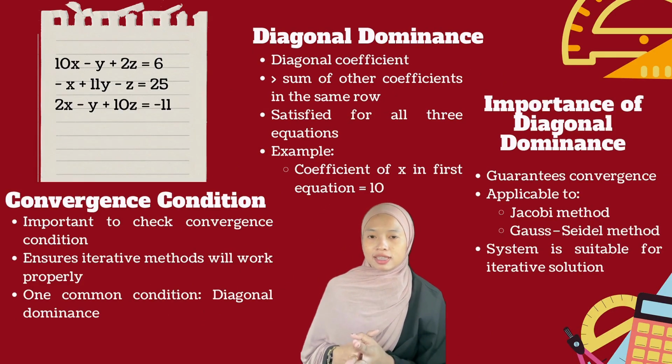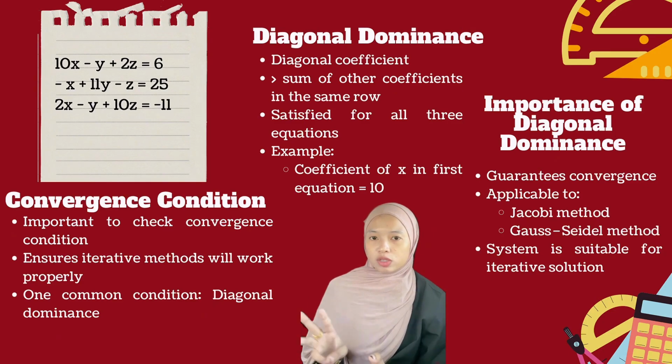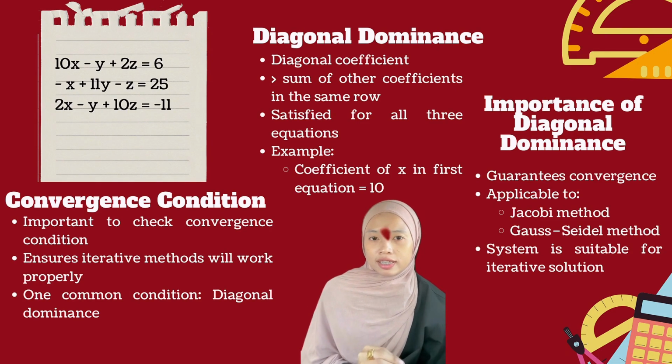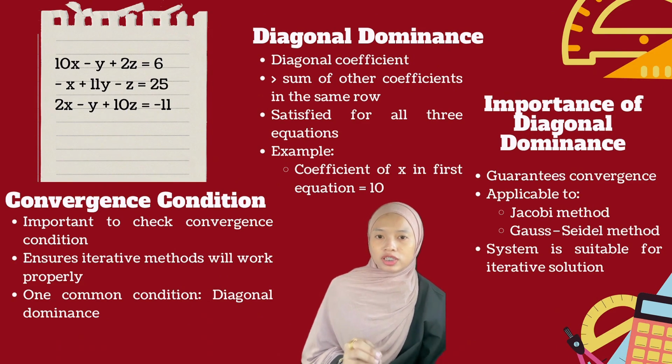Let us now consider the following system of linear equations. The system consists of three equations with three unknowns, namely x, y, and z. Before applying any iterative method, it is important to check whether the system satisfies the convergence conditions. In this case, the system is diagonally dominant. This means that in each equation, the absolute value of the coefficient on the diagonal is greater than the sum of the absolute values of the other coefficients in the same row.